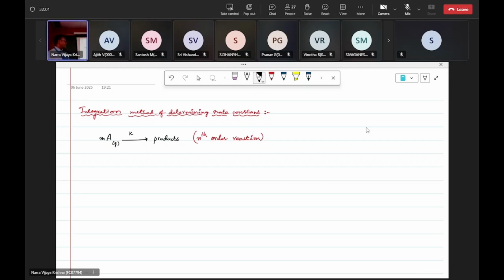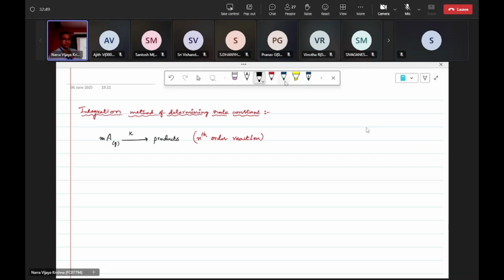Did I write that reaction in one step or many steps? It means the reaction is an elementary reaction. Then what is its molecularity? m. Order is n, I told it as an nth order reaction. Now what is the relation between m and n? Equal. If I write m and say nth order, and if m and n are not equal, then it definitely becomes complex. Now what is this m? m is the stoichiometric coefficient. n is the order.